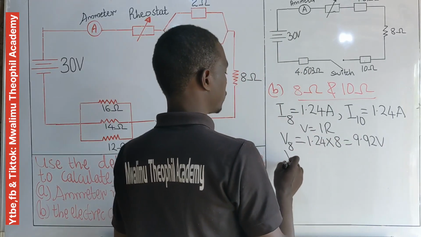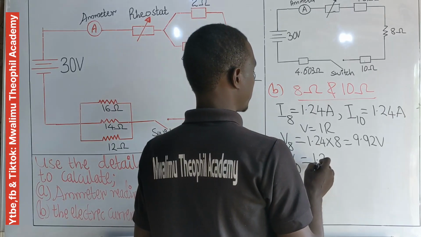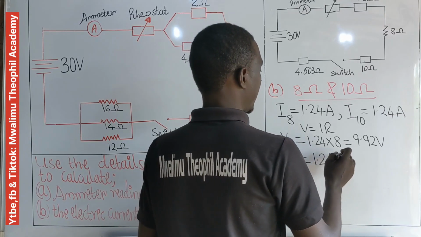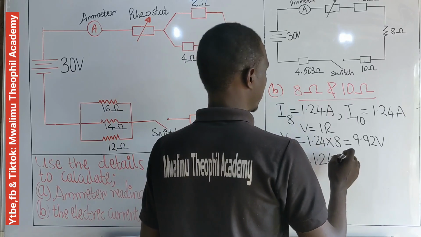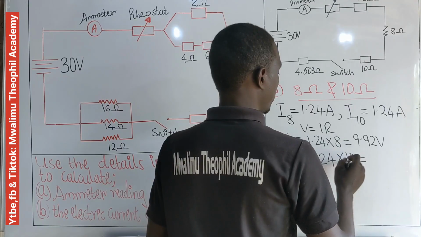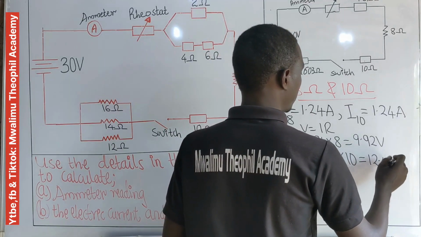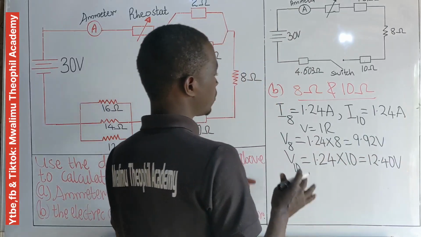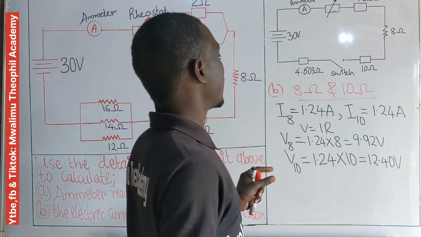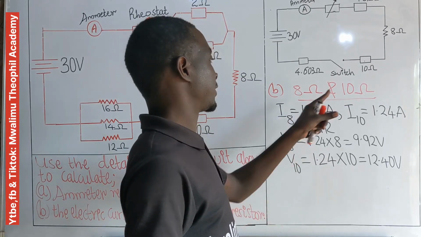What about the voltage in the 10 ohm resistor, V10? It will be the same: its current times its resistance, which is 10. When you complete this, you get 12.40 volts.